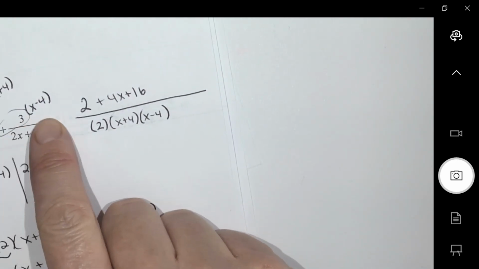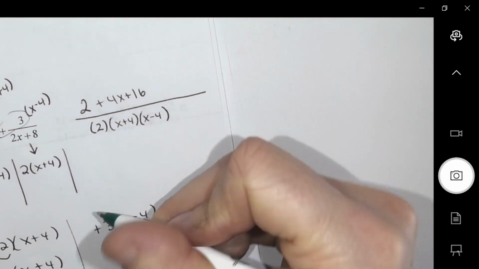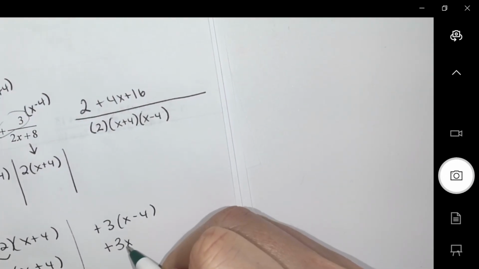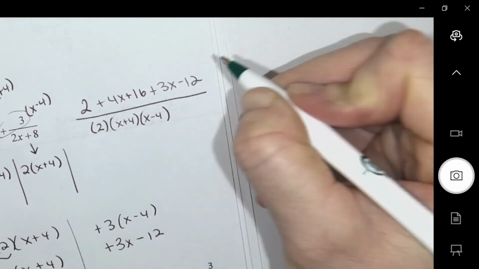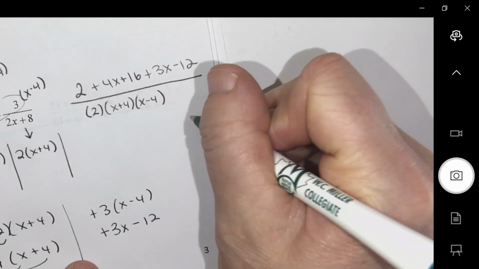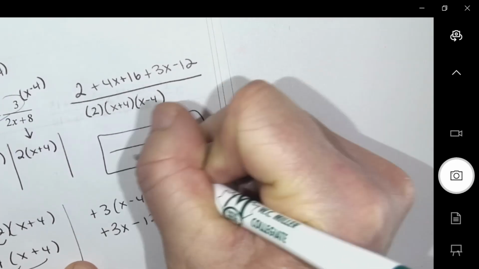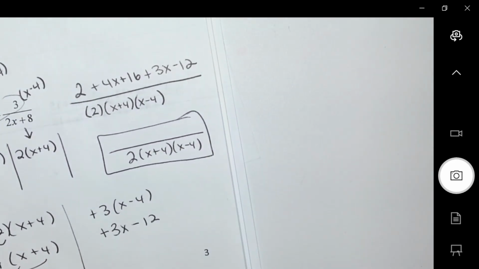Okay, be careful if there was a difference of sign there. You're carrying a plus 3 through that, not a negative 3. So plus 3. So this creates a plus 3x and a subtract 12. Okay, finalize your fraction. Just simplify the top.